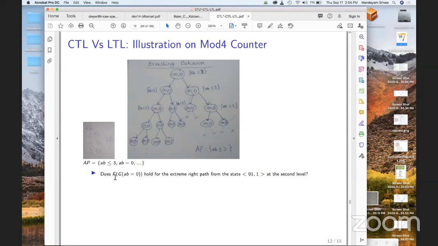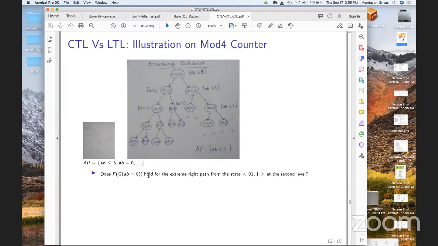Consider the LTL formula F of G. F of G is also a very useful and commonly occurring property. What does F of G as an LTL formula denote?